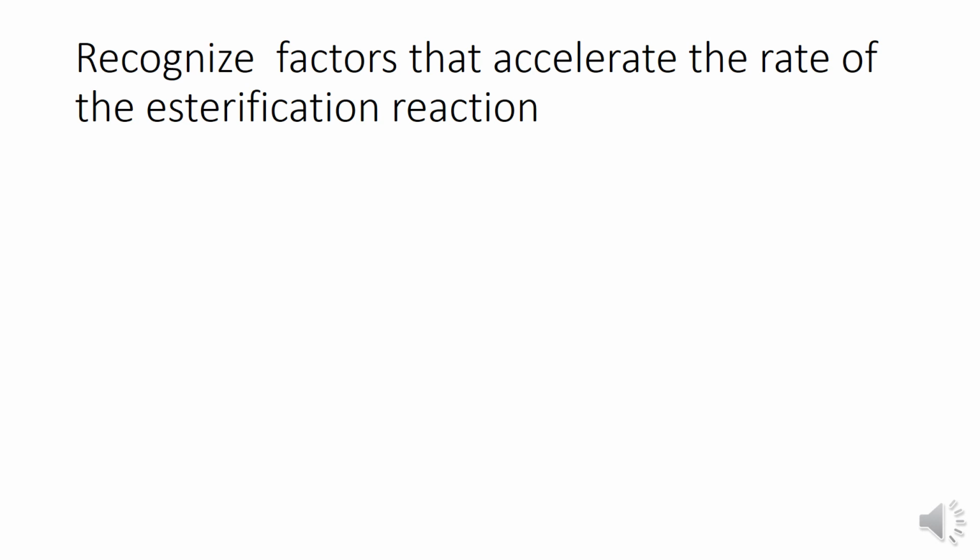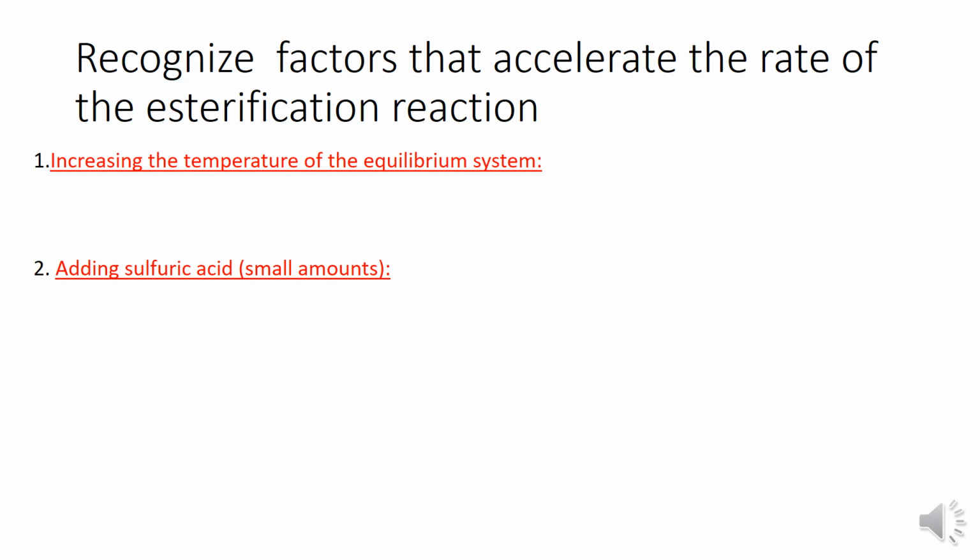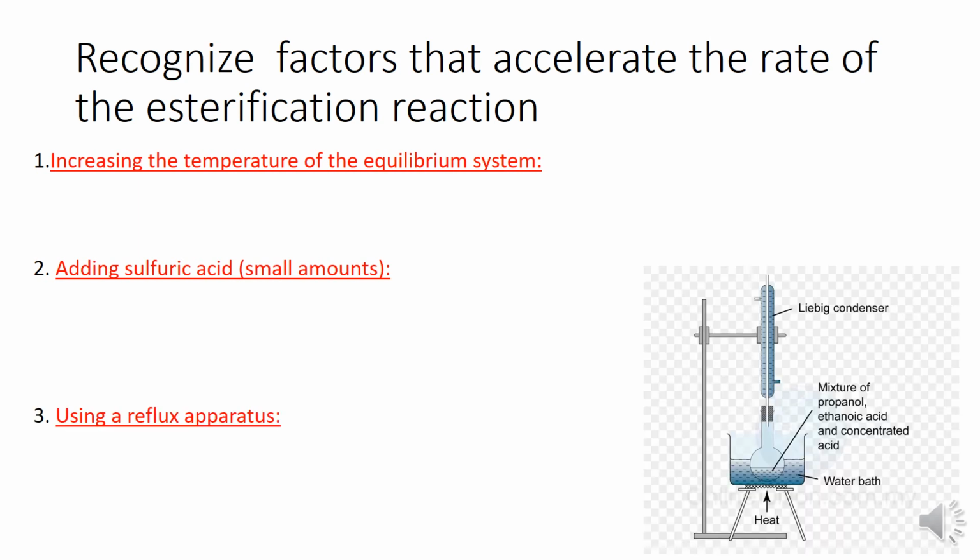So, to recognize the factors that accelerate the rate of the esterification reaction, the first one is increasing the temperature of the equilibrium system. The second one is adding sulfuric acid, but here in small amounts. Third, using a reflux apparatus.